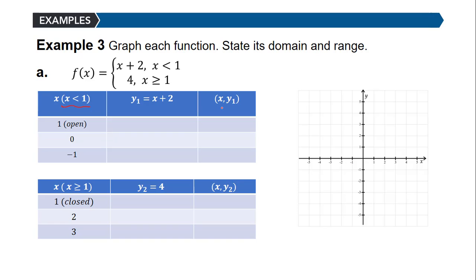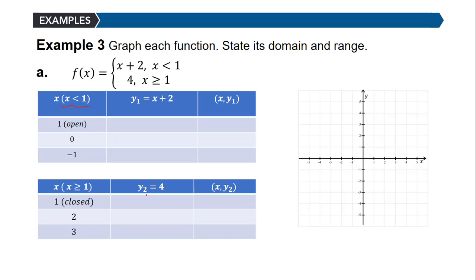And then we'll look at the corresponding ordered pair (x, y sub 1) for that piece. Then I make another table for x, but I define the restriction, and that is that x has to be greater than or equal to 1. And then my rule for this function is that y is equal to 4.